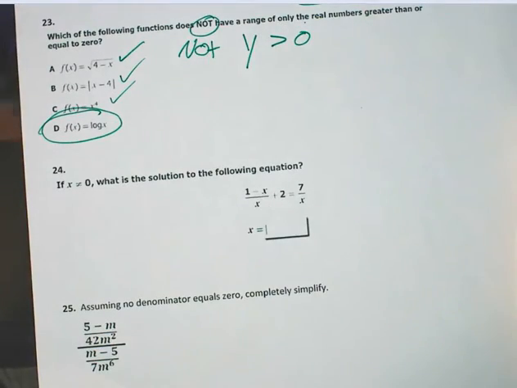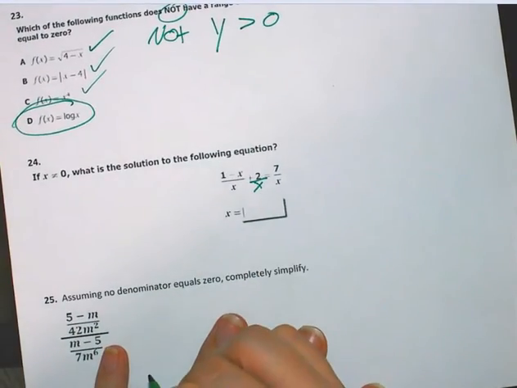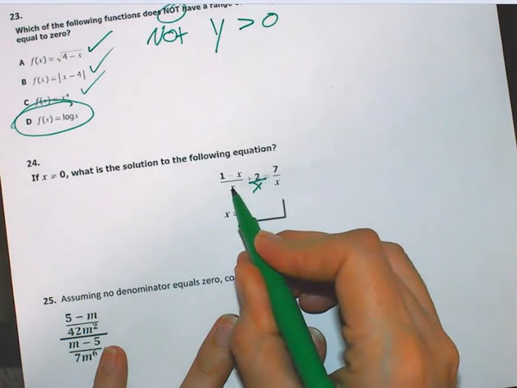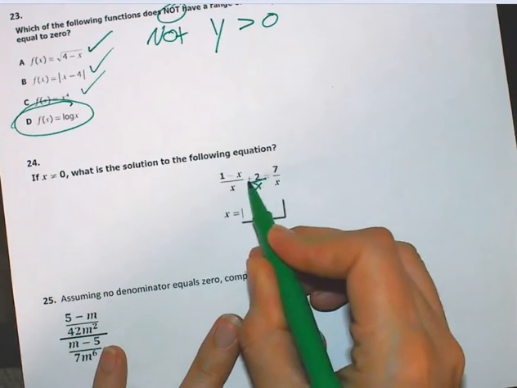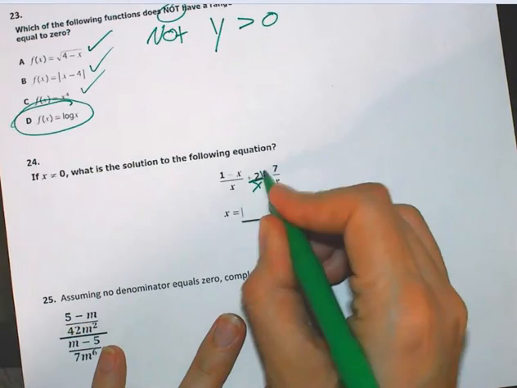Okay, next one. What is the solution of the following equation? For this particular one, if you remember from last unit, I need to make all my denominators the same so I can solve the top. It looks like the least common denominator is x. In order to make this term x, I need to multiply by x on the top and the bottom.